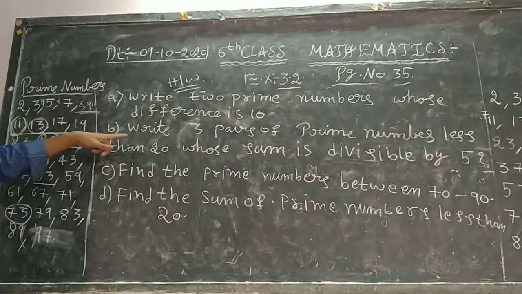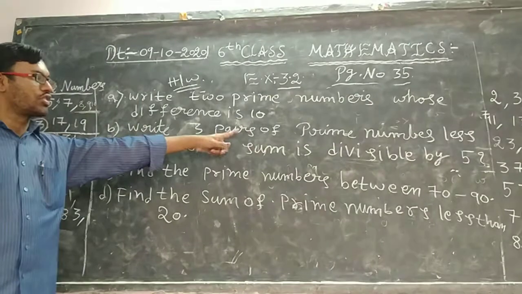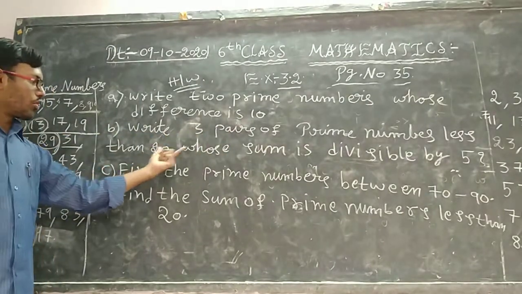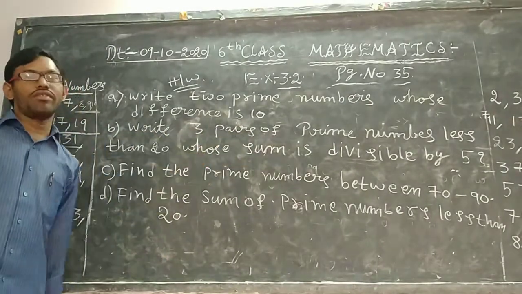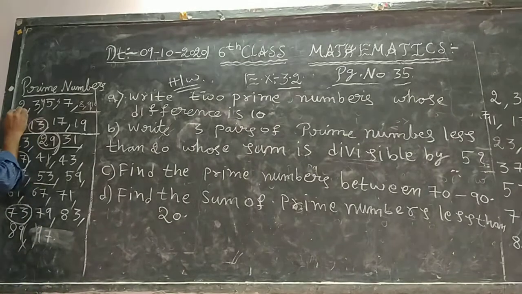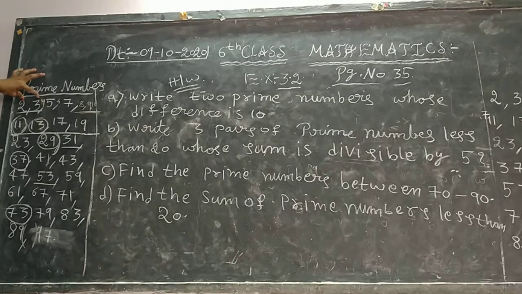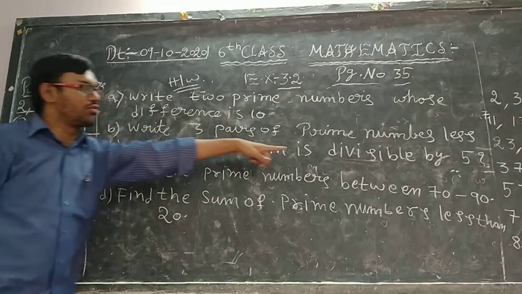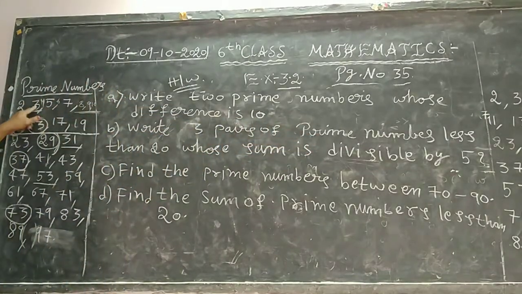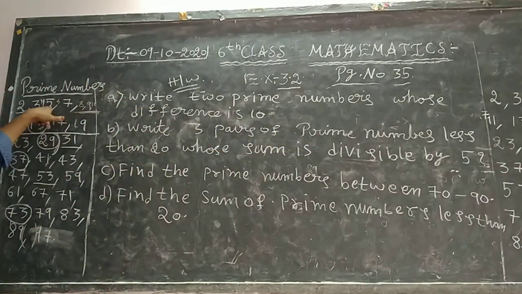Suppose you add any two numbers. Okay, 2 plus 3. Okay, this is one pair. 2 plus 3 is 5. 5 is the sum. So the sum is divisible by 5. Is it right? 2 plus 3 is equal to 5. 5 is divisible by 5. So like this type of numbers below 20 you are supposed to check.